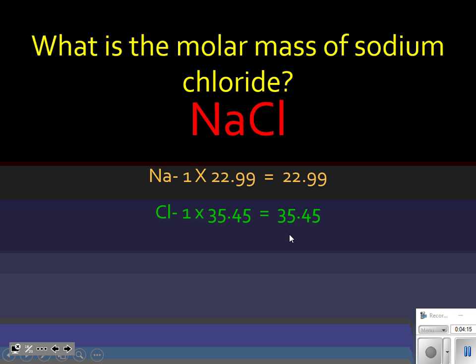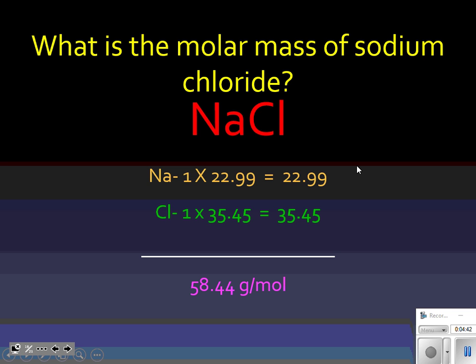Now, how do I determine the molar mass? All I do is simply add them together. 22.99 plus 35.45 is going to give me a value of 58.44 grams per mole.